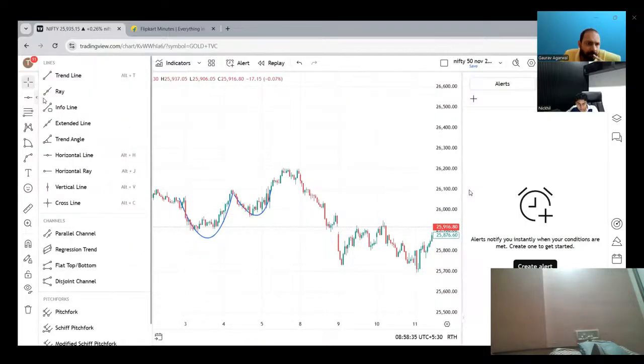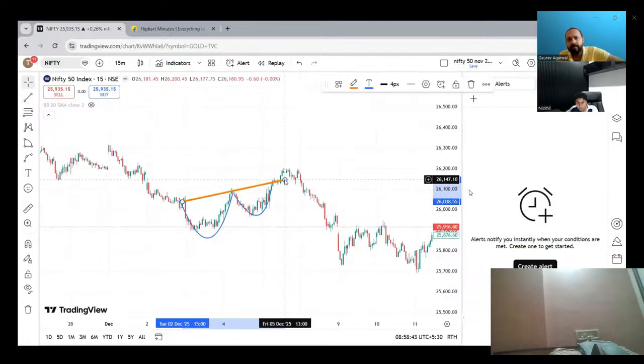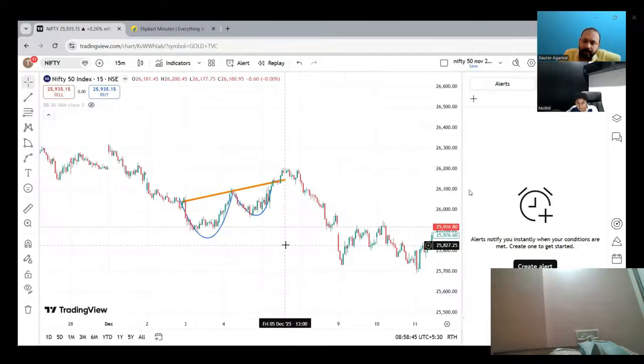And then you put the line to the top. The line can be slanted as well, or it has to be straight. Yeah, that's the reason I explained you the logic: support, resistance, and the trend line.